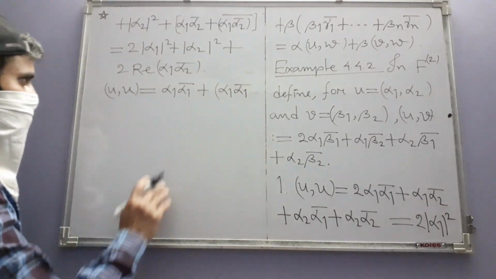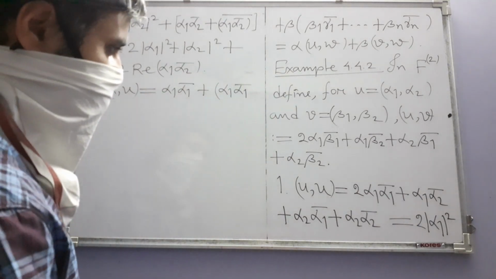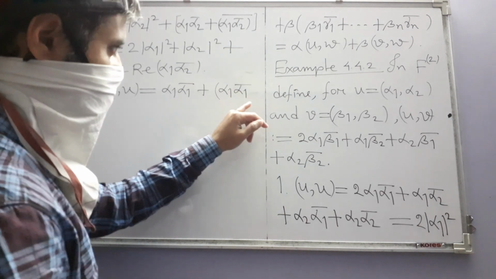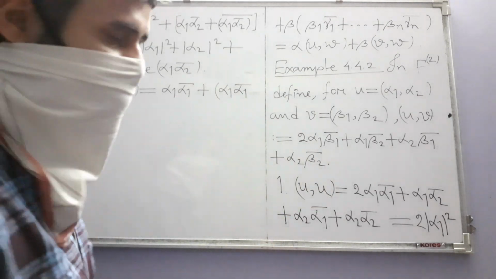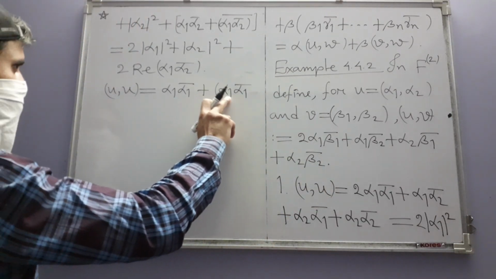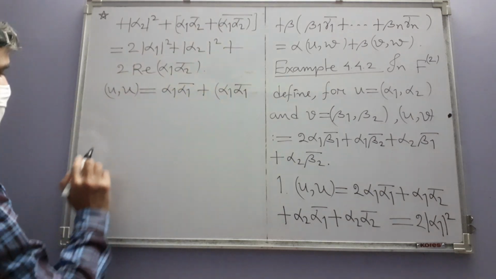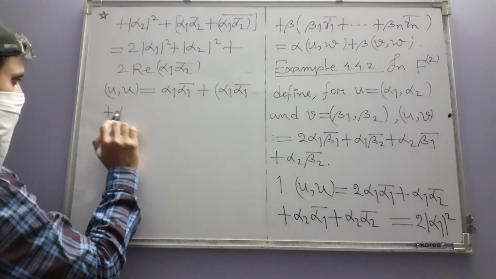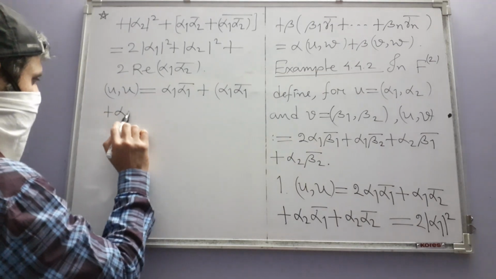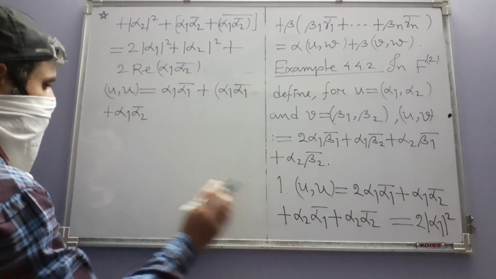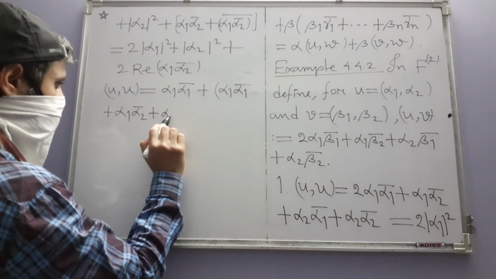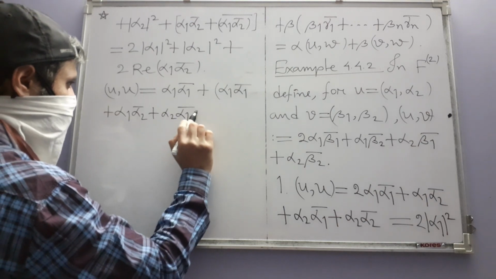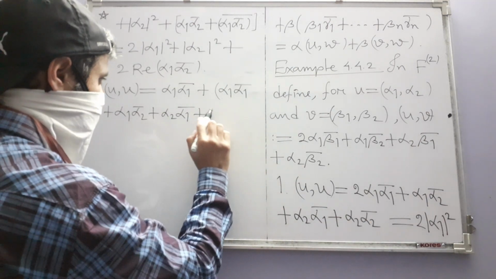So the trick that we are going to apply here is to write this as 2 alpha 1 alpha 1 bar and put this one with the other things, plus alpha 2 alpha 2 bar plus alpha 1 alpha 2 bar plus alpha 2 alpha 1 bar.